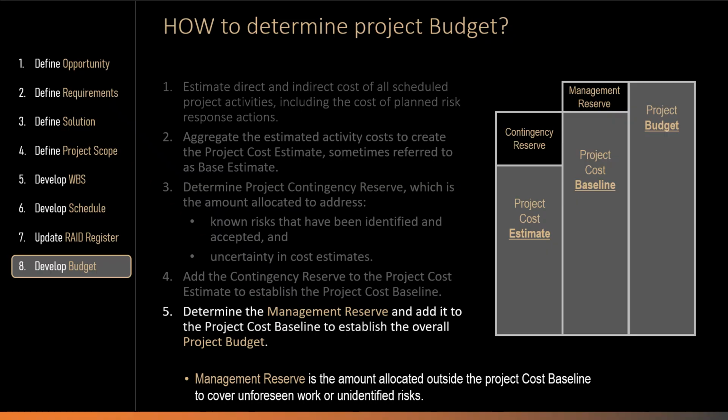The size of the management reserve is typically determined according to organizational policies and guidelines. In many organizations, it is commonly set between 3 and 10% of the cost baseline, approximately 3% for small and short duration, relatively predictable projects, and up to 10% for large, complex, or long-term projects with high uncertainty.